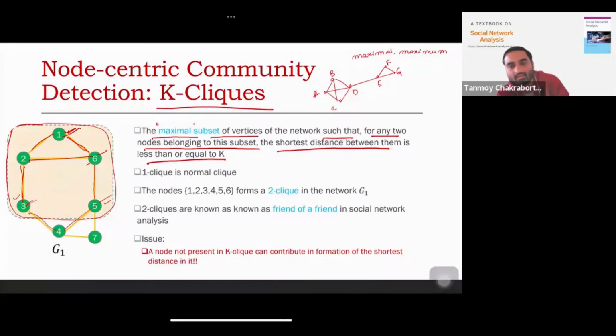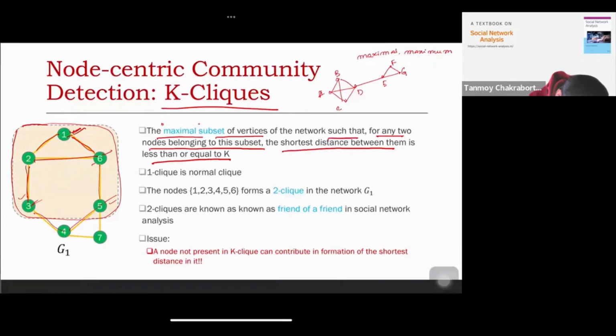The task is to detect the maximum clique. So nodes A, B, C form a clique, but this is not a maximum.